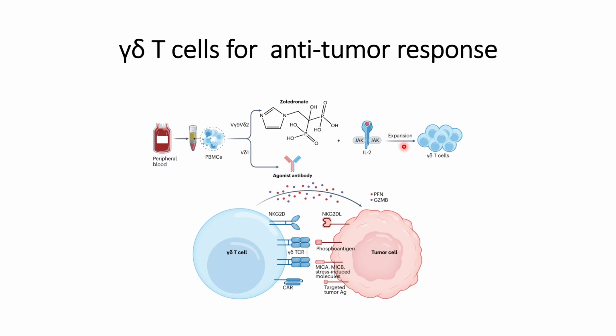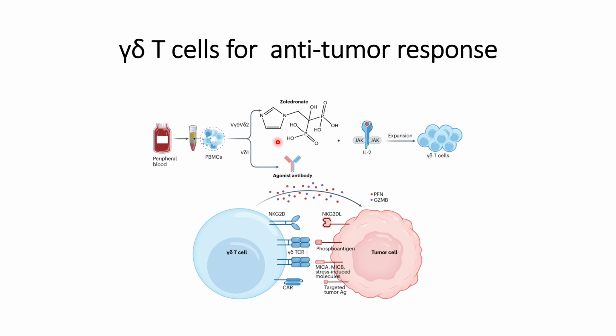Gamma delta T cells can be derived from the patient by first taking peripheral blood, and then separating out the PBMCs. From there they can go through two different pathways to make the gamma delta 1 T cells.